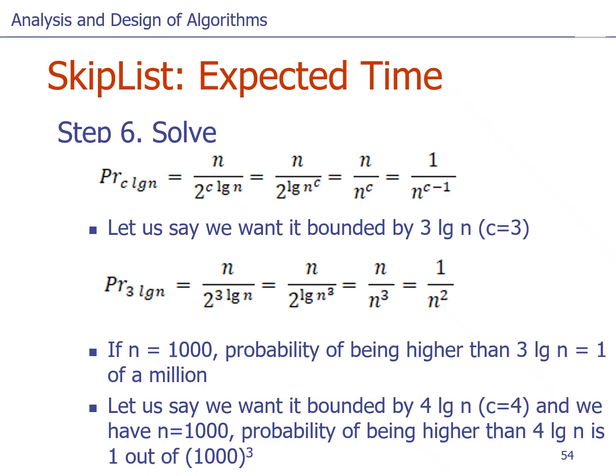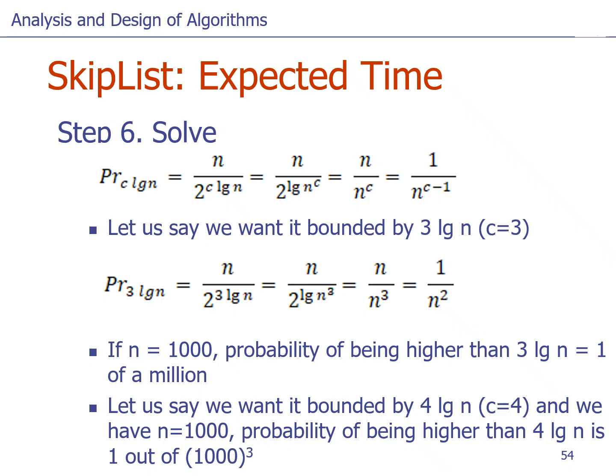So let's plug in some numbers here. Let's say that the constant is 3, and let's say my n is 1000. So what that means, let's plug in the numbers and try to understand this.